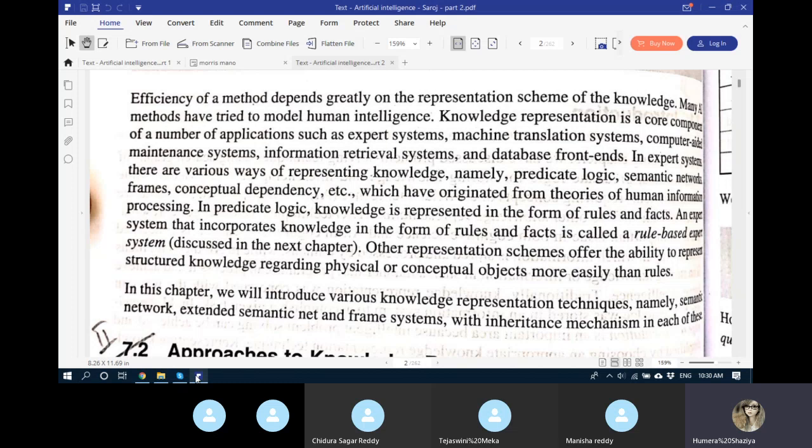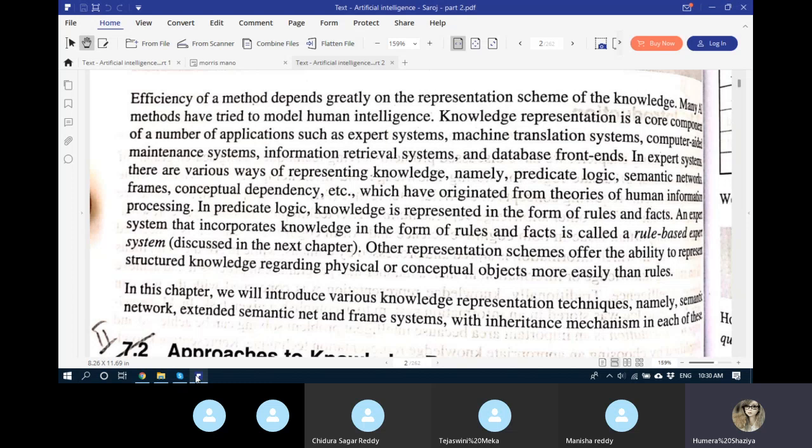So certainly this knowledge base is very helpful in order to automate the process of expert systems, computer aided maintenance systems, information retrieval systems, and database front ends.